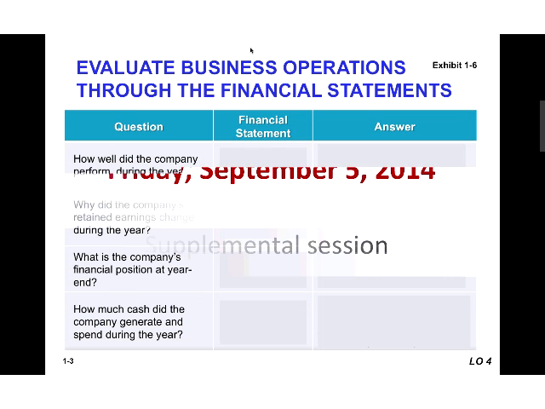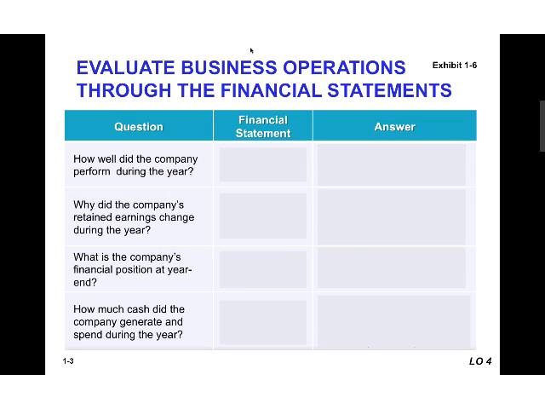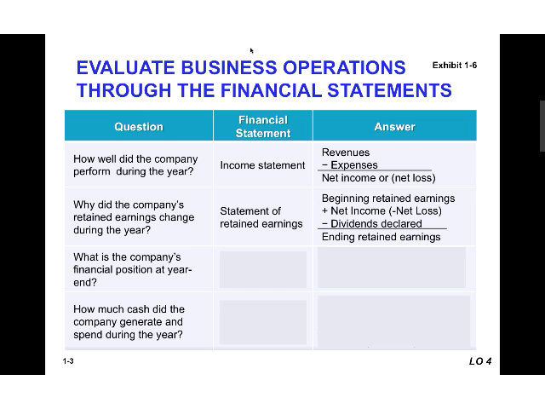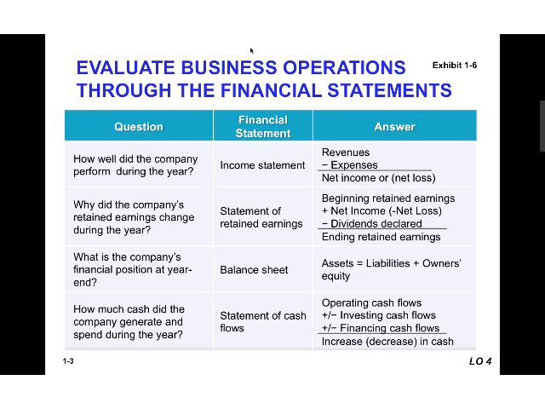First of all, I did want to emphasize this. We talked about this in class. This is Exhibit 1-6 in your book, and I would make sure that this is on your sheet for the exam. This is an excellent summary. First of all, the financial statements are listed in the order they have to be prepared.